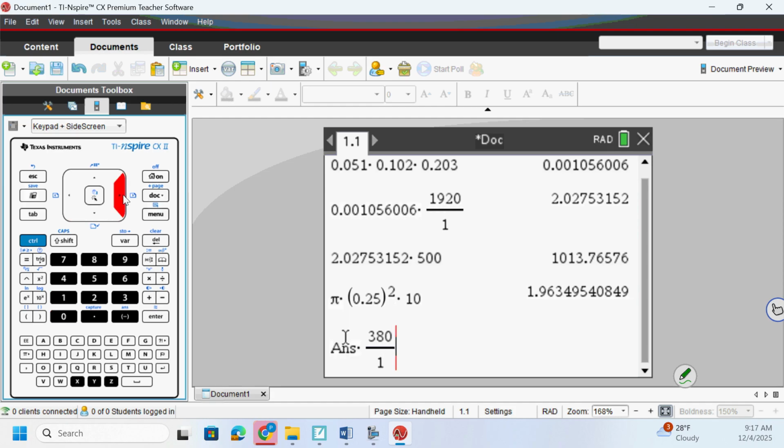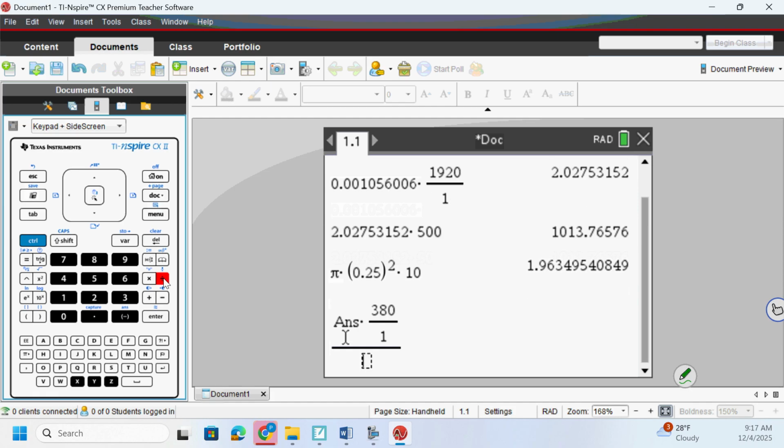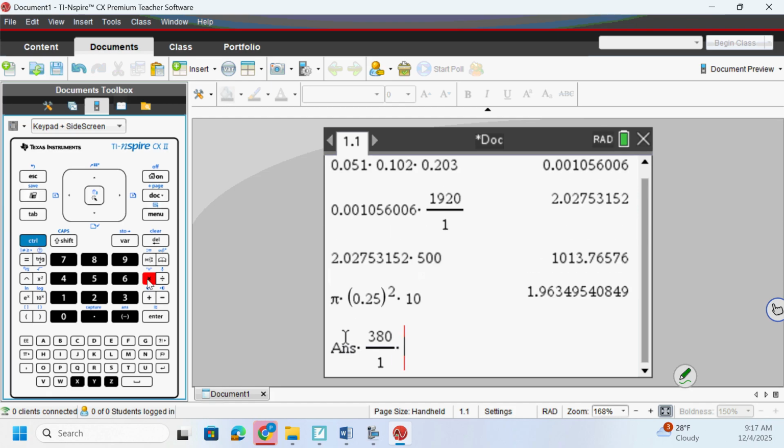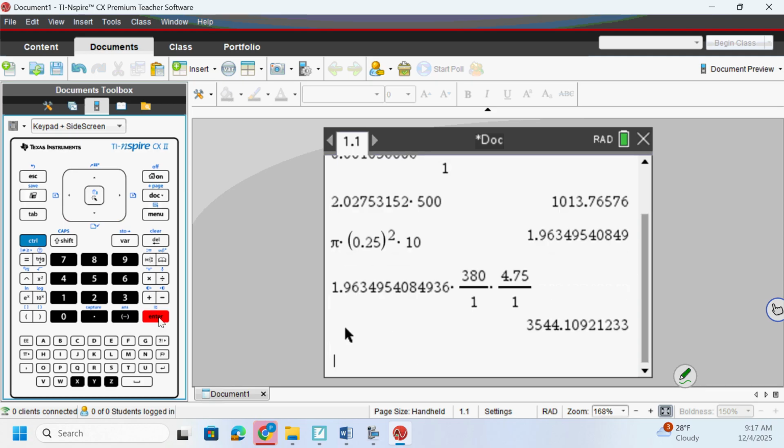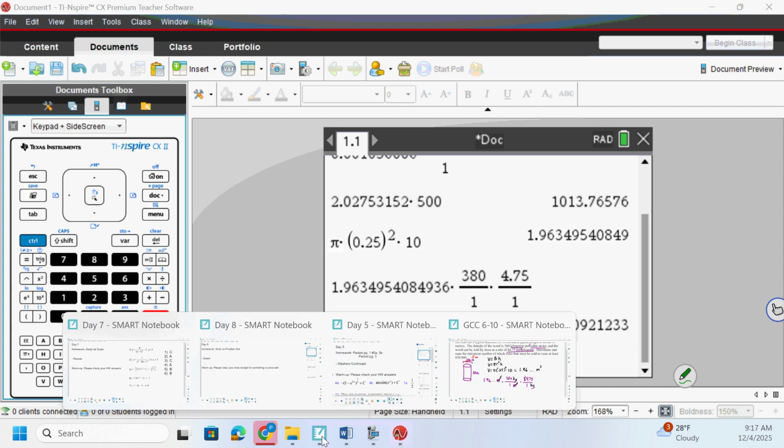You technically don't have to do the over 1 because dividing by 1 doesn't do anything, but I want to illustrate it to show we're just trying to make it match exactly as it looks on our paper. Then we have the 4.75 in our next numerator, 1 in our next denominator. If we hit enter, it'll give us a cost amount. This is not our final answer, so we're not going to round this yet.